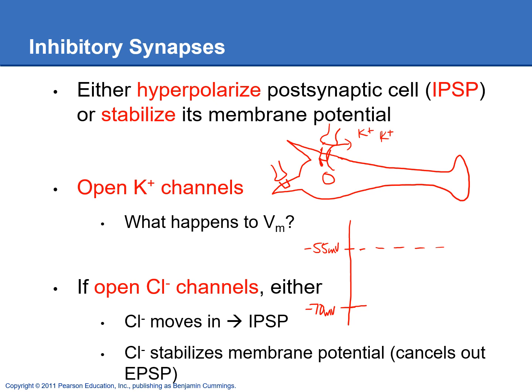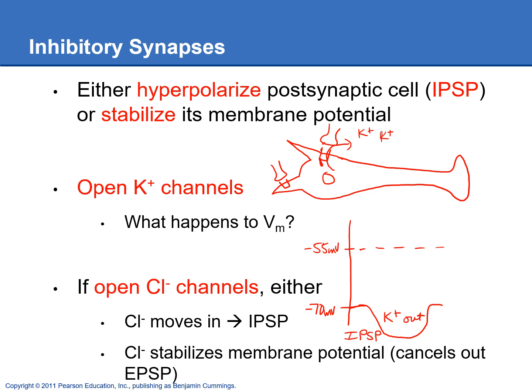So hopefully you said that the membrane potential is going to hyperpolarize, right? It's going to become more negative. So if you have potassium going out, that's going to create an IPSP. So that's inhibitory because you're getting further away from threshold. You're not going to create an action potential at the axon hillock, right?